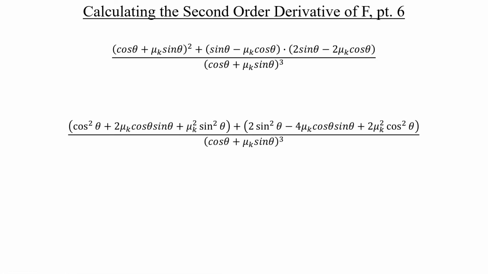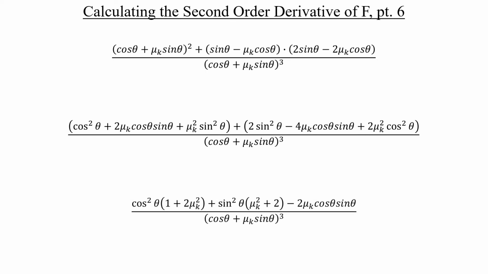It looks messy, I know, but there's really only 3 major players hanging out in the numerator now, and they're all in the form of cosine squared, sine squared, or mu sub k times cosine times sine. So that means that we can factor these 3 major chunks out, and if you do it appropriately, it makes the numerator look much nicer, like this.